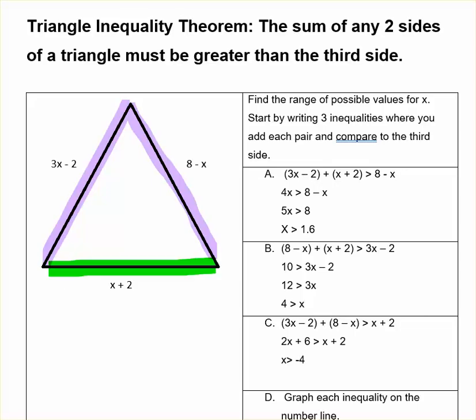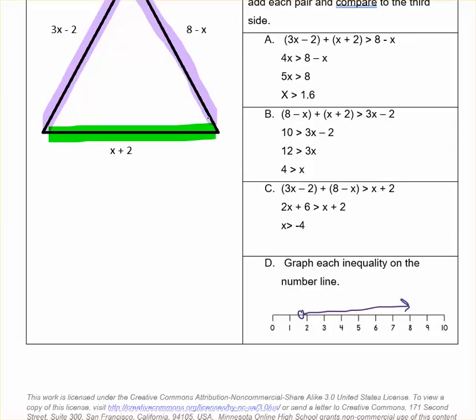Now remember, this has to be true for all three inequalities, so we're going to have to graph them and see where they overlap. Our first inequality, x is greater than 1.6, so I put an open circle at about 1.6 and shade it to the right. Then I have 4 is greater than x, so I would shade to the left.